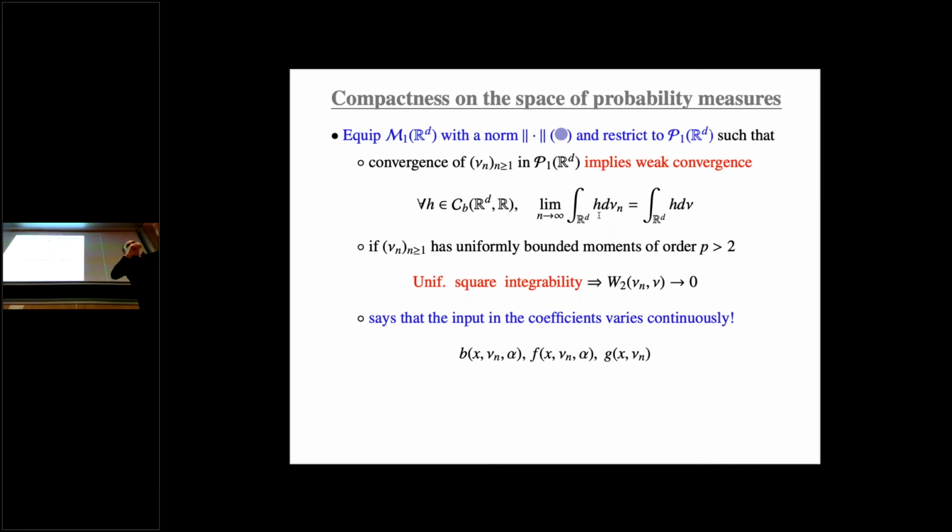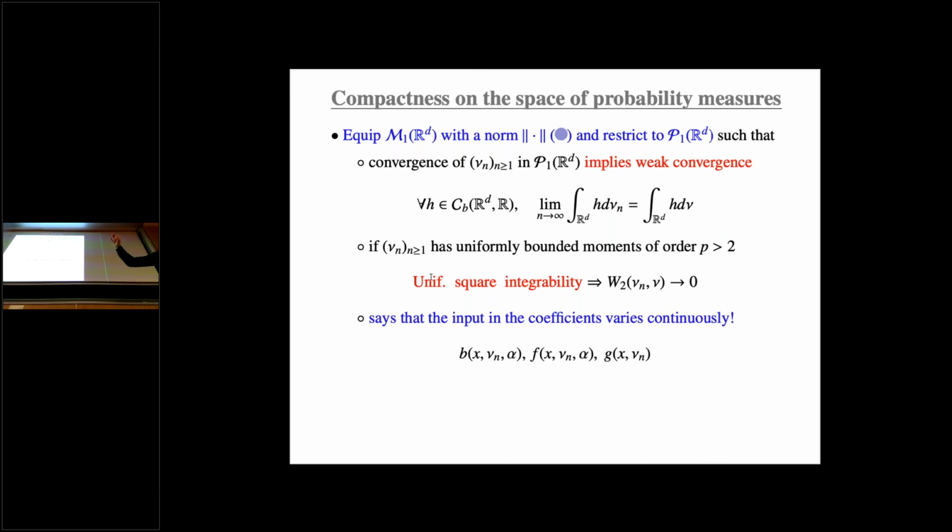Now, what is the connection between weak convergence and convergence for the Wasserstein topology? In fact, this is very close. When you have weak convergence, this is almost convergence for W2. The only thing you need to get W2 is uniform square integrability. This is a stronger way to control the decay at infinity of the tails of your probability measure. So remember these two facts.